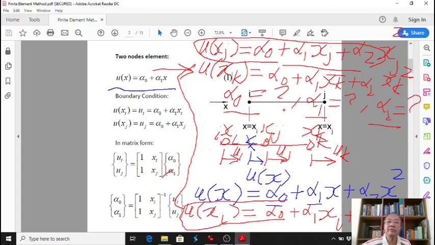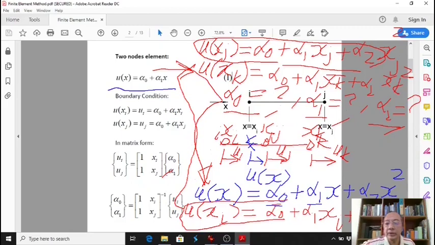Once we found alpha 0, alpha 1 and alpha 2, we need to substitute back to this equation, similar to just now for the two noded element, now for the three noded element.